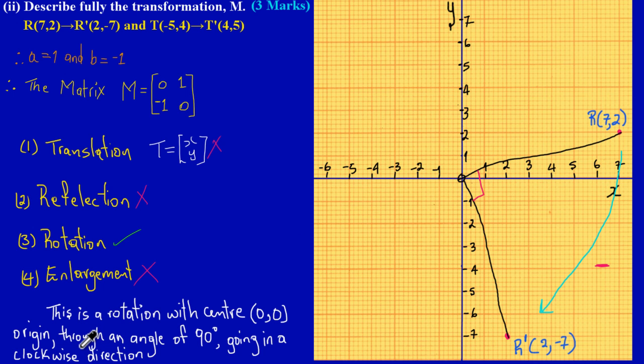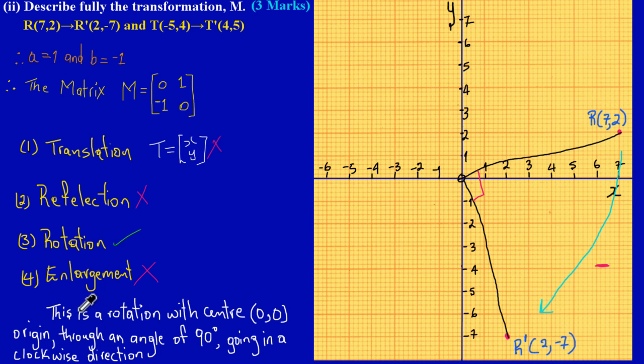And we're stating that through an angle of 90 degrees, and we have connected the points. When you connect the points using your ruler and you measure the angle with your protractor, you would get a 90-degree angle there, and we're going in a clockwise direction. So I'm moving from this point R and I'm coming in that direction, a clockwise direction.